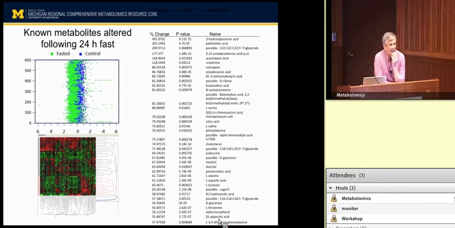Yes, sir. What is the difference between the lipidomics assay and the metabolomics assay? Lipidomics is sort of a subset of the untargeted metabolomics platform. The biggest difference is that it identifies specific subclasses.